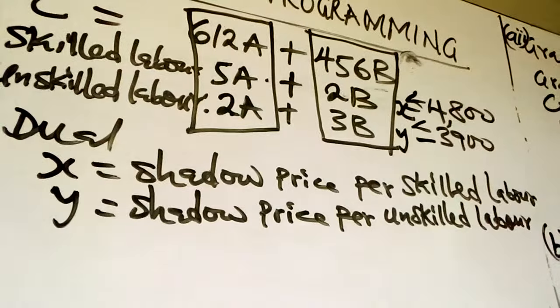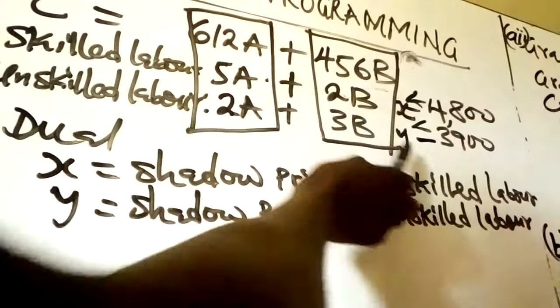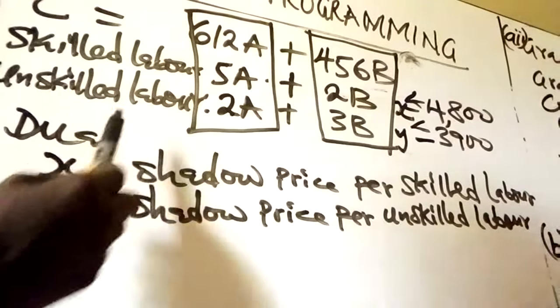We have assumed x for the equation in skilled labor and y for the equation of unskilled labor.